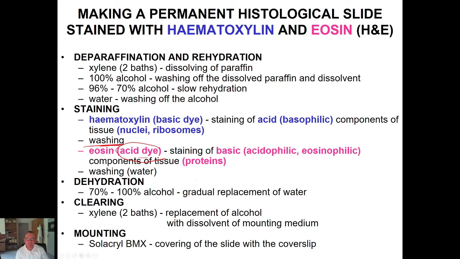We already know that hematoxylin as a basic dye is binding to the acid components of the tissue, and these acid components are then called basophilic. The same is with eosin. Eosin is an acid dye. It stains basic components of the tissue, mostly proteins, and they are then called acidophilic or eosinophilic. I think that everything you know.